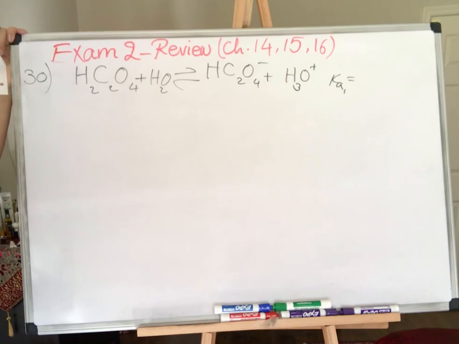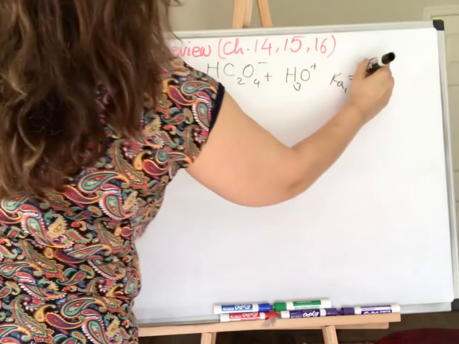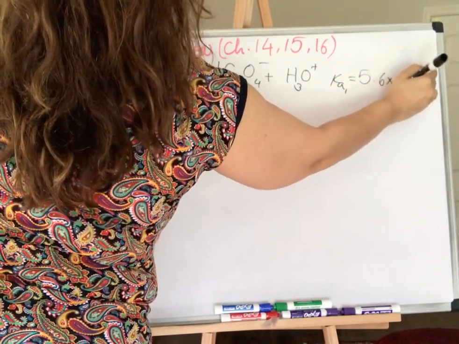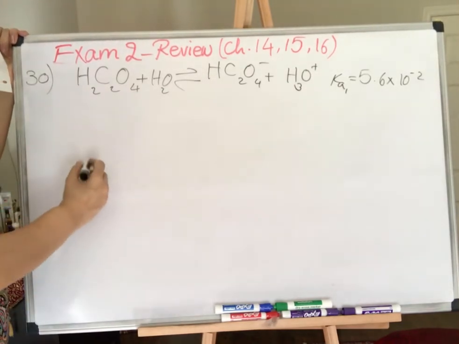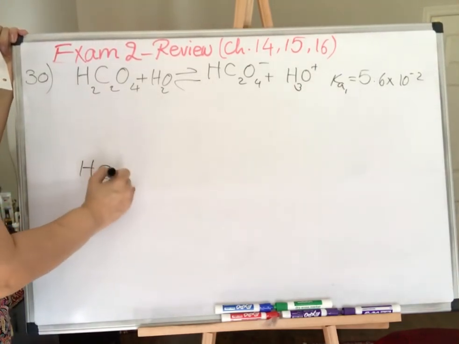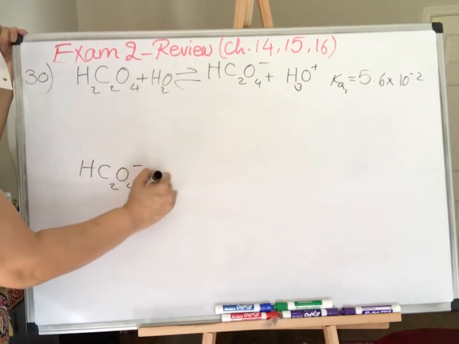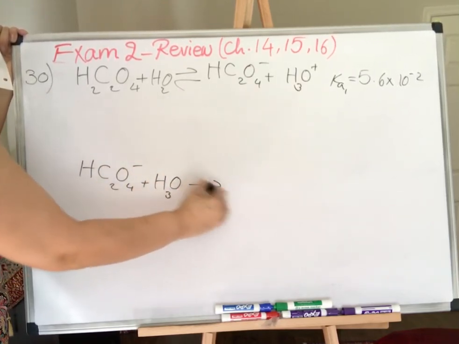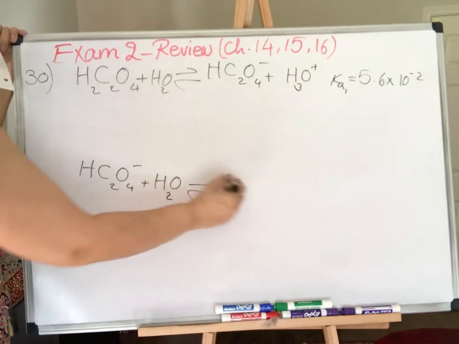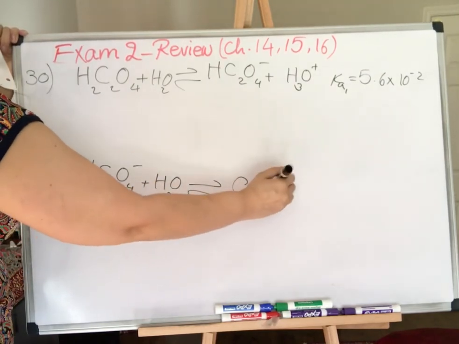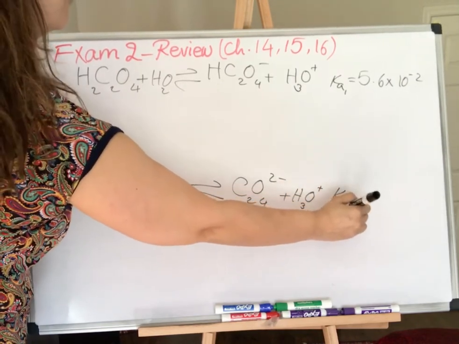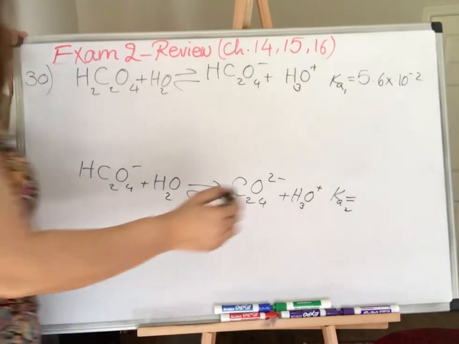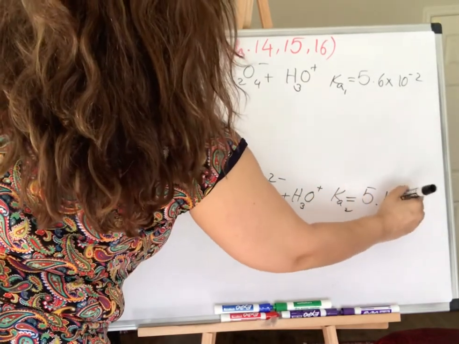For Ka1, for the first one, it's 5.6 times 10 to negative 2, and Ka2, which is HC2O4 negative plus H2O, sorry, gives C2O4 negative 2 plus H3O, Ka2 is going to be 5.1 times 10 to negative 5.